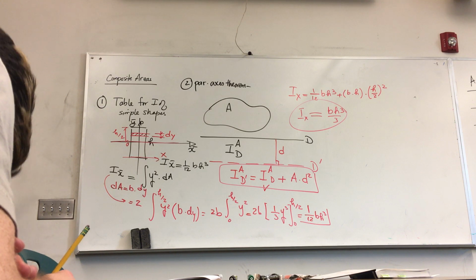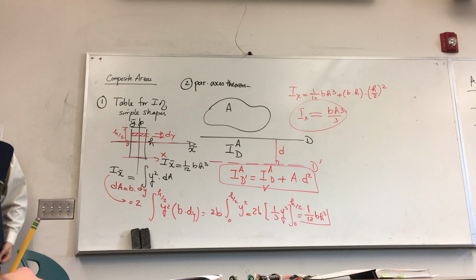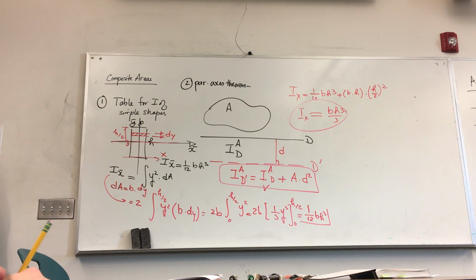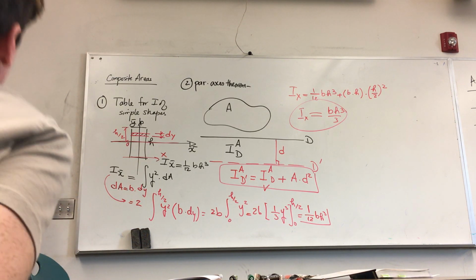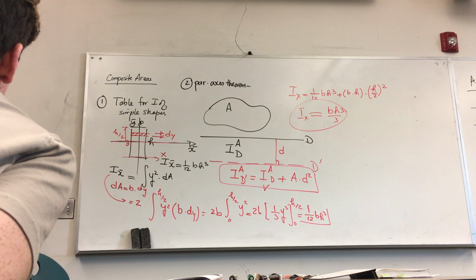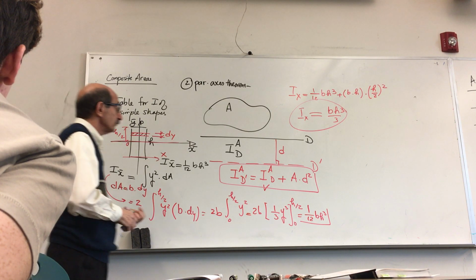But these are two important pieces, or in fact, all that you need to find the moment of inertia of a complex composite shape. So with that said, let me show you through an example how you do it. Very easy. Oh, number 3, before I forget.